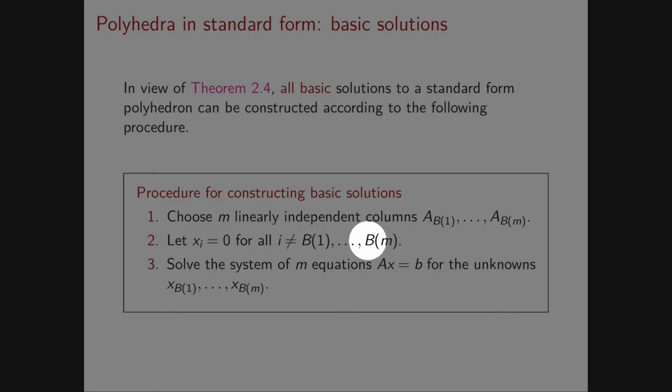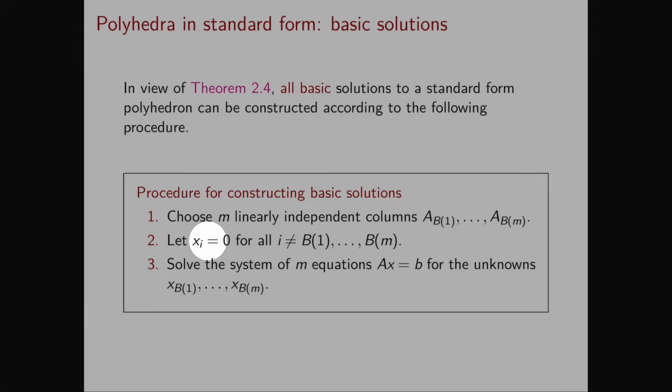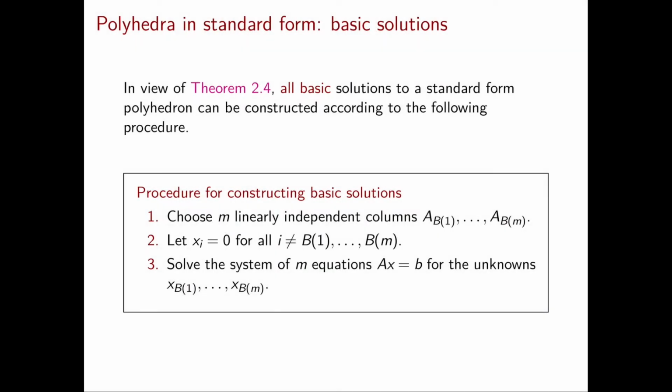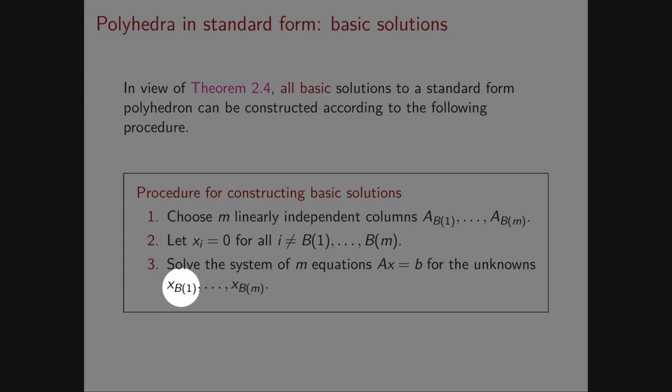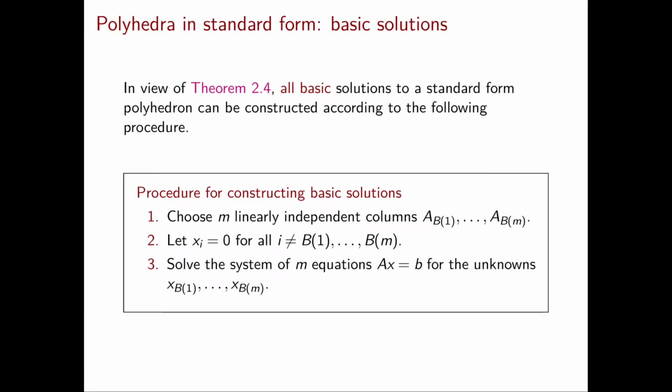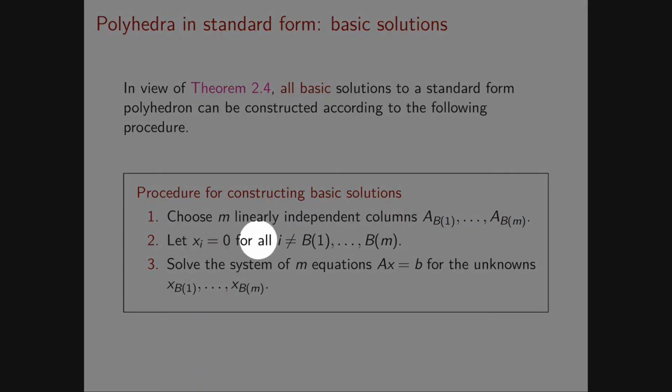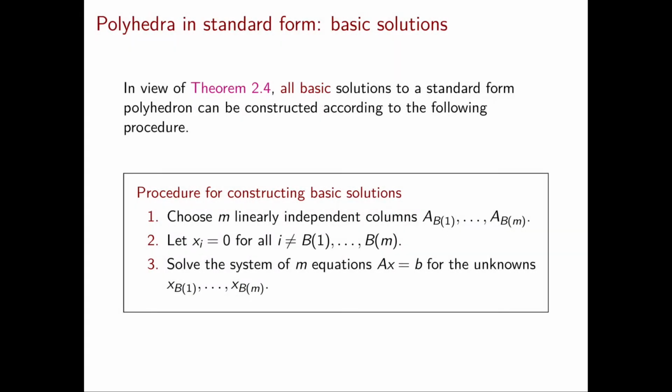For every other index, I'm going to set xi = 0, and in order to find all the remaining components of x, x_B1 until x_Bm, I only need to substitute in my system xi = 0 for all these i's, and I'm left with a system of m equations in m unknowns. Since the columns of the remaining constraint matrix are all linearly independent, such a system will have a unique solution that will allow us to determine x_B1 until x_Bm.